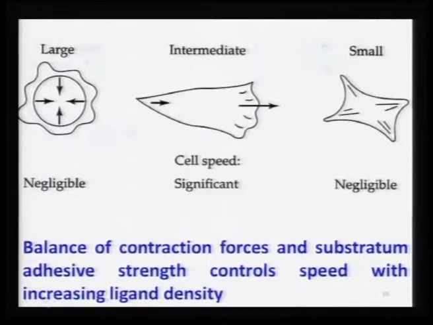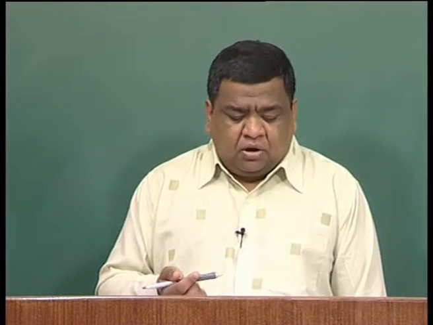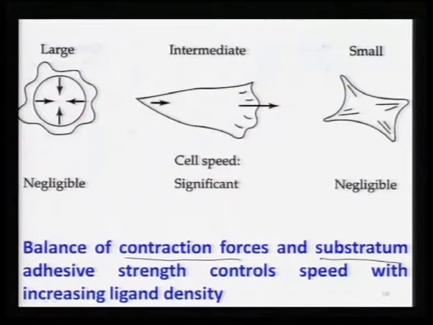From the shape of the cell, many times one can comment on whether the cells are in migratory motion or not. Here, this is the balance of the contraction forces and substratum adhesive strength. That means there should be a balance between the contraction forces, like when myosin motors are interacting with the integrins, and the adhesive strength.